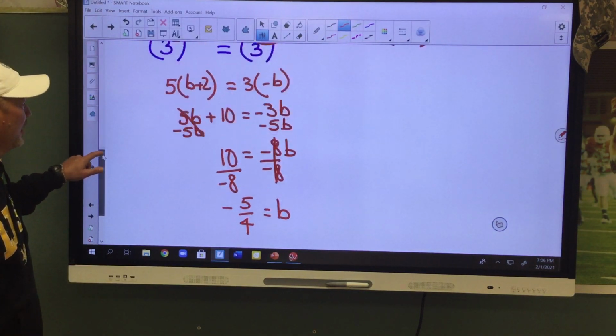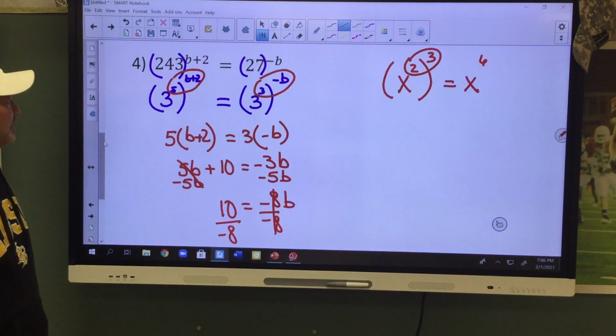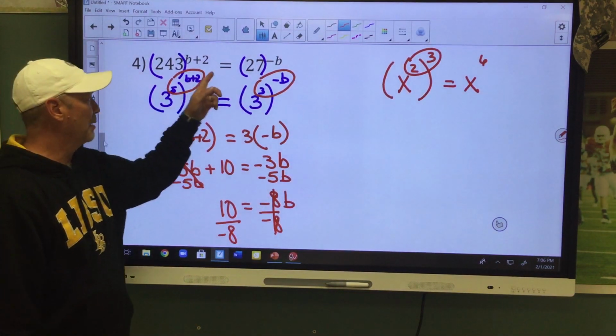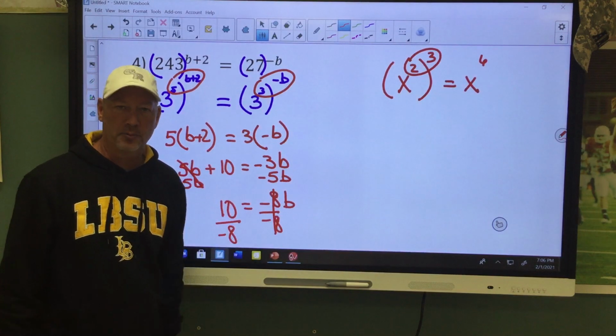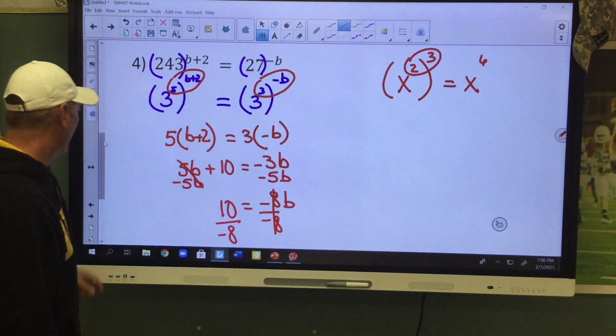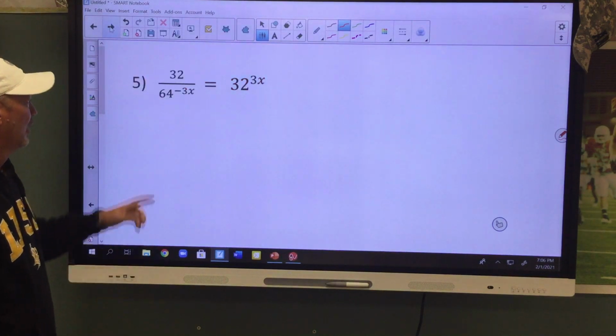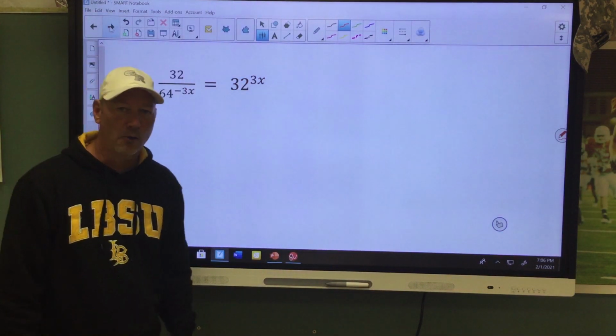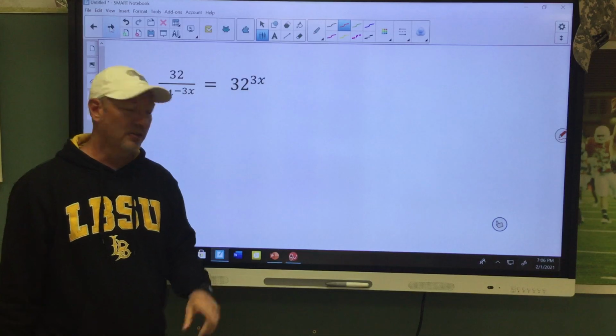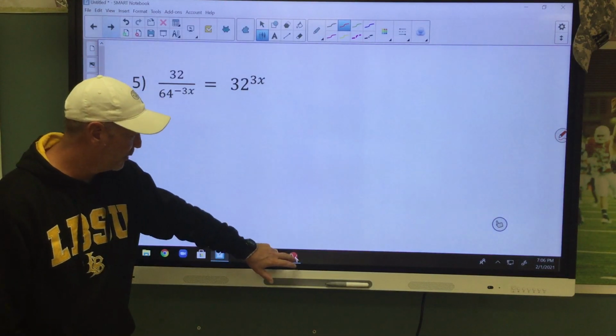Again, what was the whole point about this? Raising the power, power to power, we got to multiply. Okay? All right, see where we are. Let's try one more. Don't panic. You've already done this. Look what you've done already with the calculator.